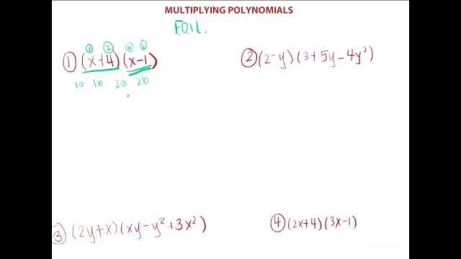And the way that we figure this out is we multiply them together, okay? And so if we do 1A, x times x, which is x squared, okay? 1B would be x times negative 1.